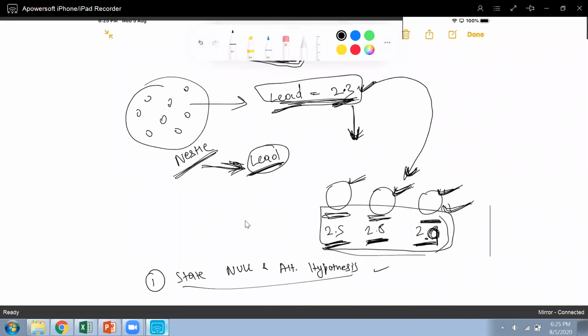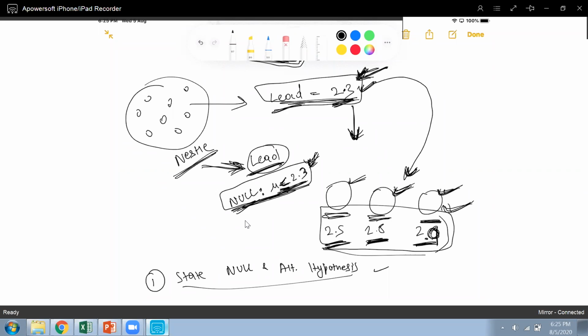Now if we see this example of the Maggie, here the null hypothesis is that mu is less than 2.3. Why is it less than 2.3? Because this is the upper limit, the maximum lead that they can put in Maggie. So earlier we were thinking that the lead content in Maggie is less than or equal to 2.3.